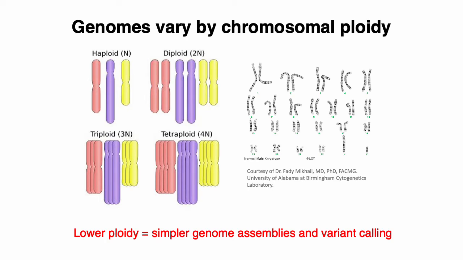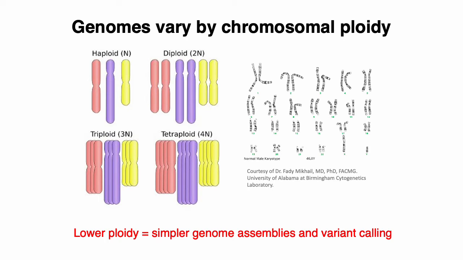Of course, as you know, genomes can also vary in terms of their ploidy. Obviously humans are diploid, whereas some plants can have much higher ploidy numbers. The reason this is relevant for doing genomics is that when genomes have lower ploidy, it's easier to call sequence variants, which we'll talk about in the next lecture.